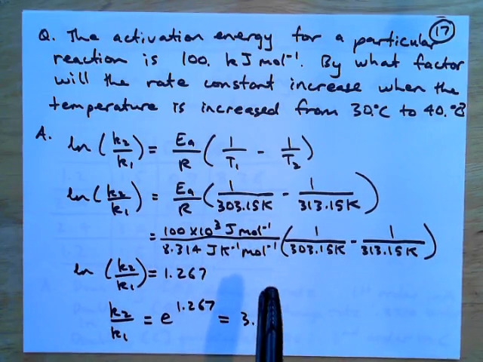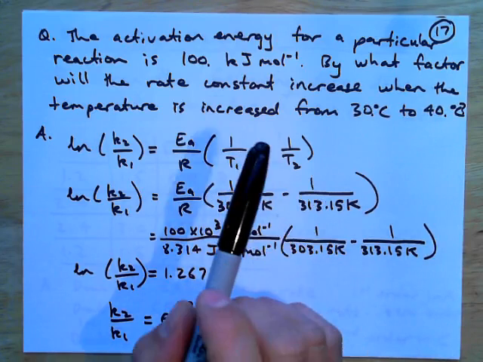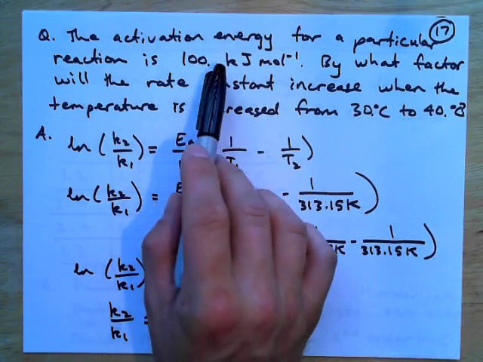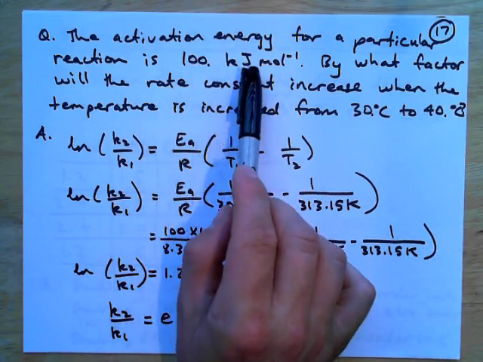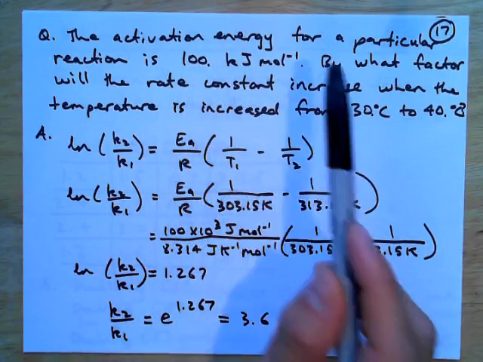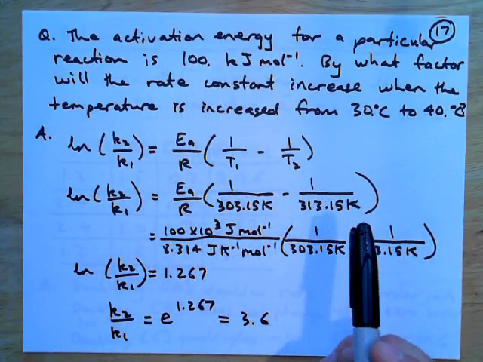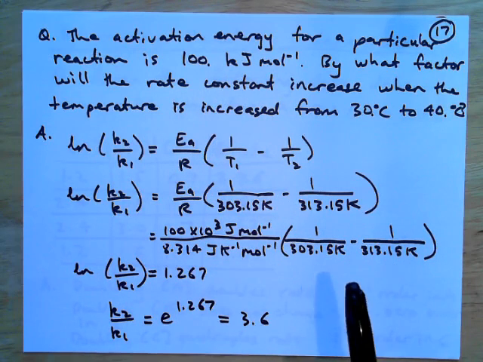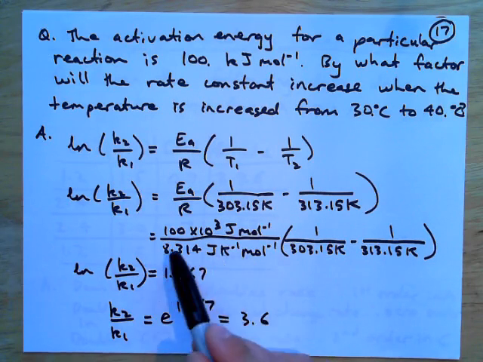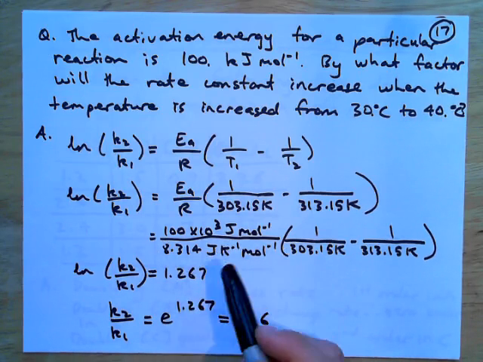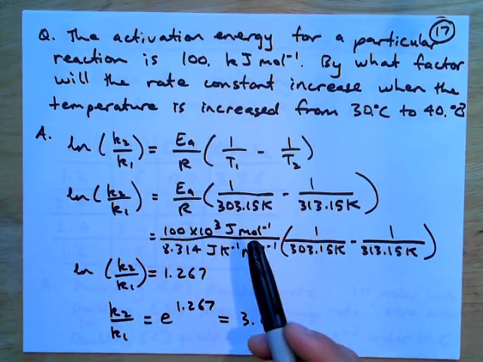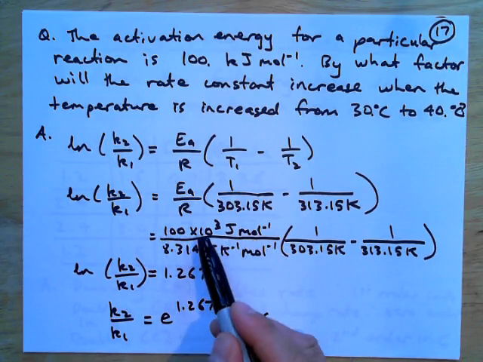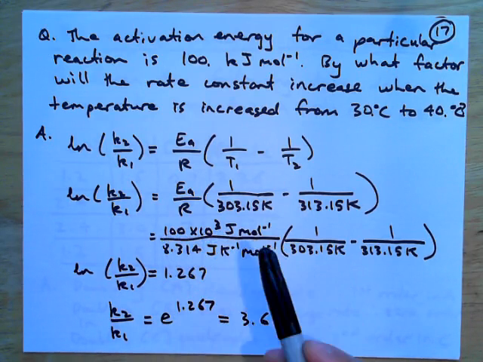The other thing that catches students with this question, and it'll also happen with delta G and delta H's, is that you've really got to watch your units here. The units here are kilojoules per mole, but when I put it into this equation, you remember that my R is 8.314 joules per Kelvin per mole, and this is why I like to use the units in my calculations, because I can see straight away if I'm going to do something incorrect. So here I had to convert the 100 kilojoules per mole into 100,000 joules per mole.